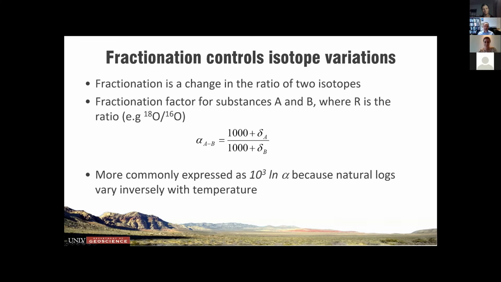And that puts us in numbers that are a little bit easier to communicate. But it's also important for isotopic systems because they're related to variations in temperature. So I'm going to come back to this idea of 10 to the third ln alpha a little bit later in the talk, because it's important for assessing the behavior of equilibrium or quasi-equilibrium in stalagmites.